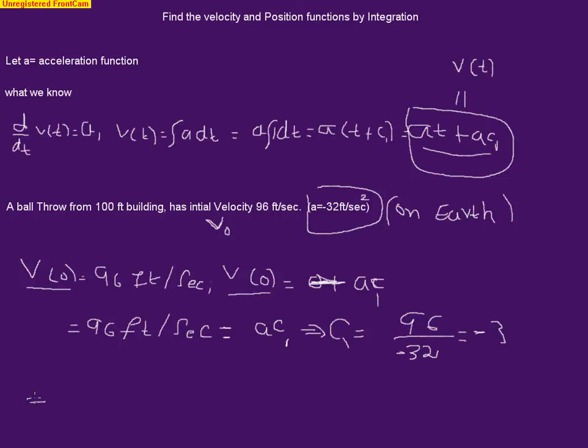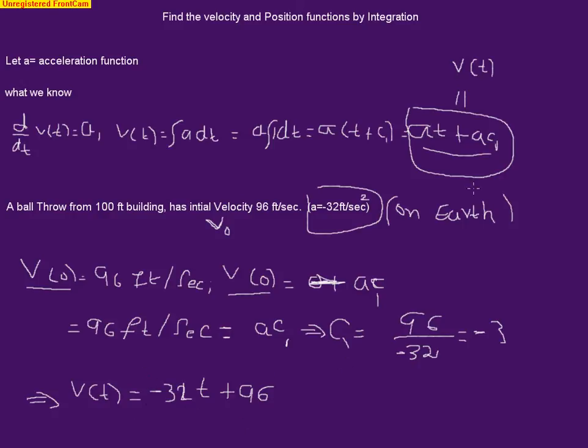So the velocity function that we have from integration of acceleration is v(t) equal to negative 32t plus 96. How do we get this?